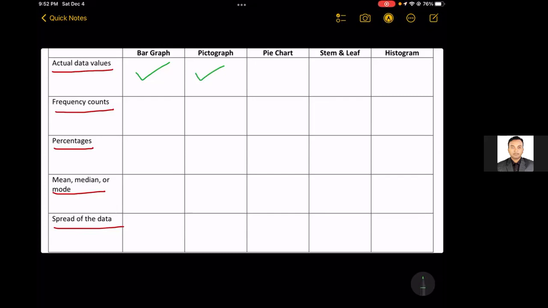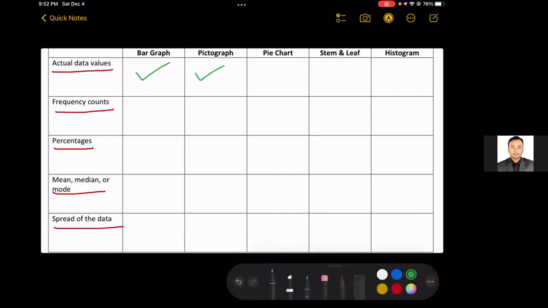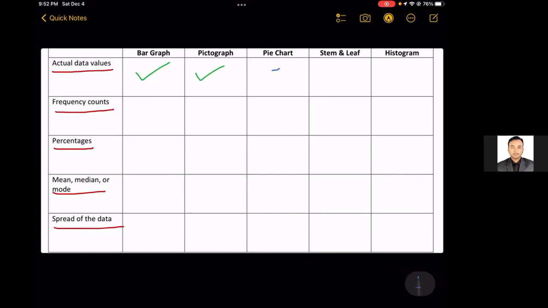Pie chart, well, I would say it's often given, but not always. Since it works with percentage, we may not be able to derive the actual data values from a pie chart.